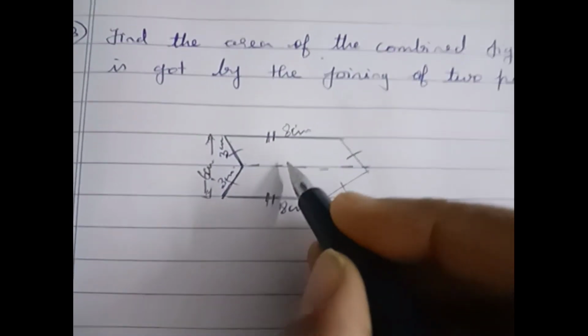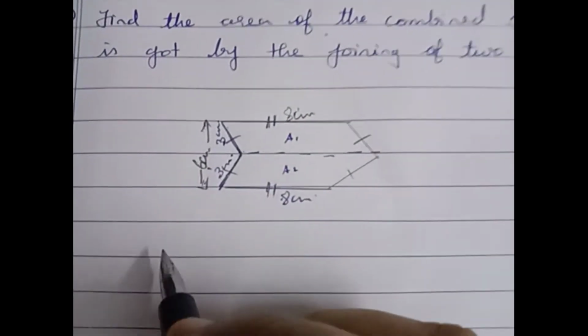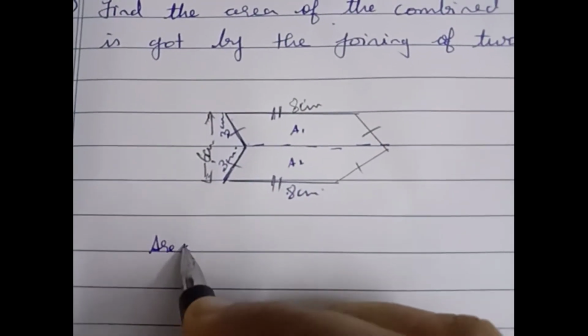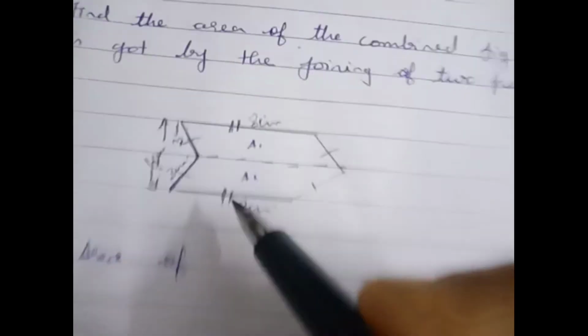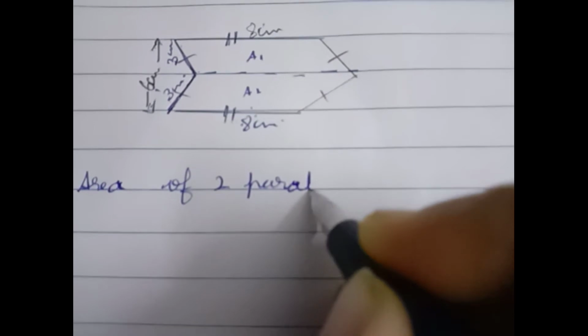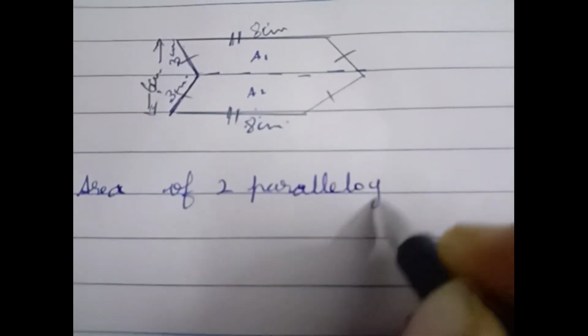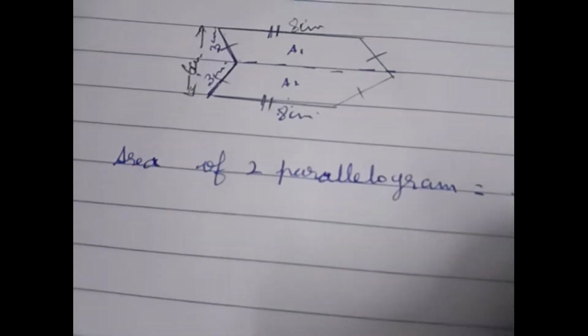Now find out the area of the parallelogram. So if you see here, you are getting the two parallelograms. Therefore, area of two parallelogram is equal to base into height.